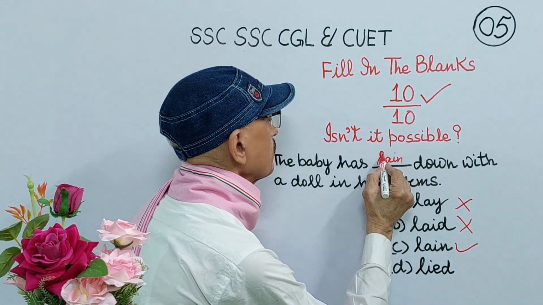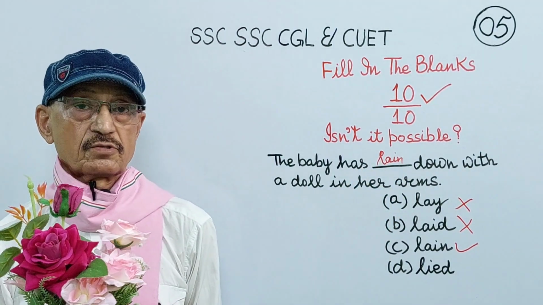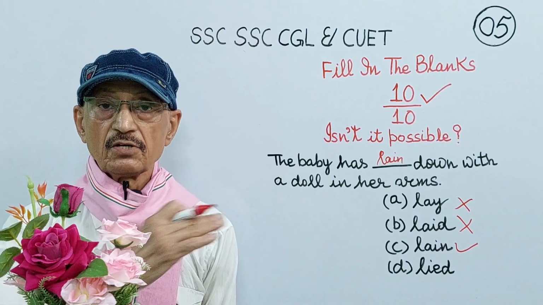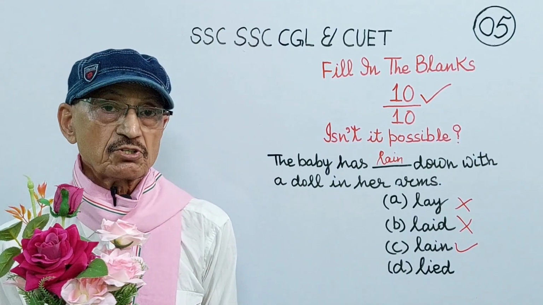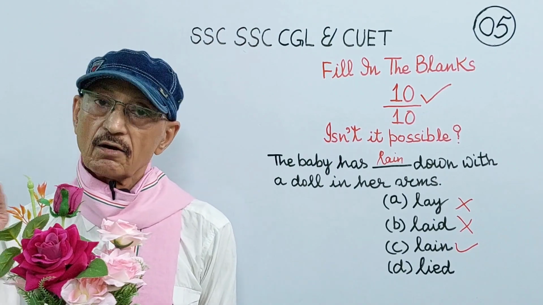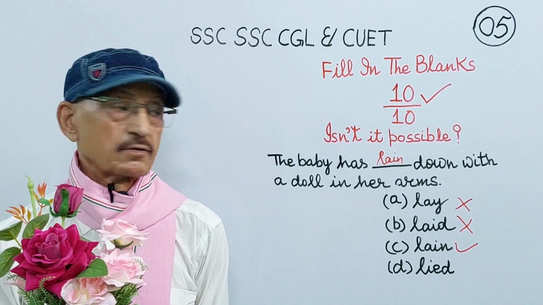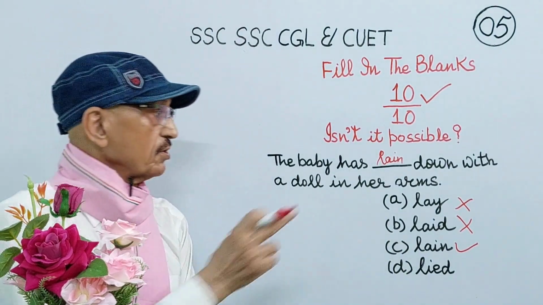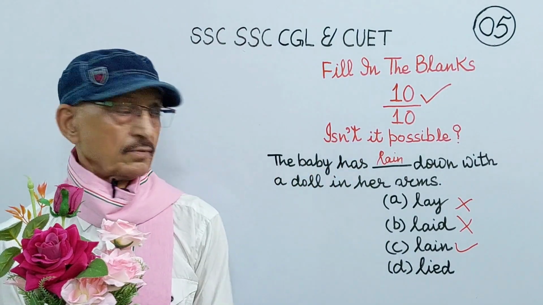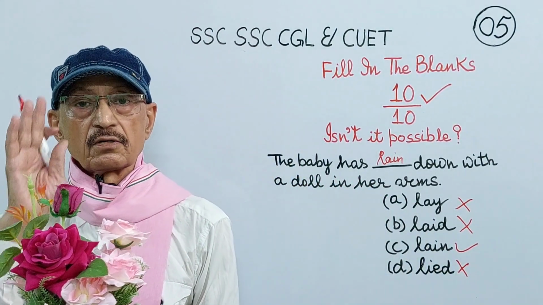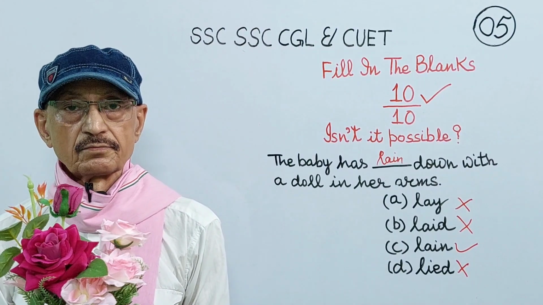Lain. You will have to use the past participle of lie. Lie means to be at rest in a horizontal position. Lie, lay, lain, L-A-I-N. So this is a correct verb to be used here. This is wrong. Let me tell you the difference among these three.